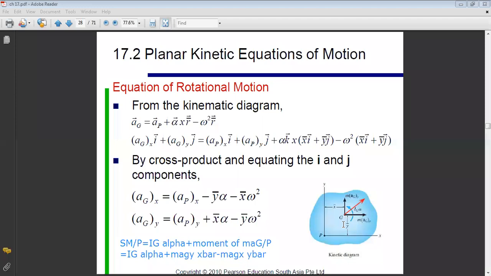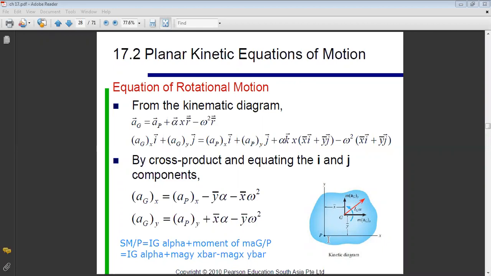You don't consider the moment of MAG about G because MAG is passing by G. So MAG cannot produce a moment about G. This is why sum of moment about G is restricted to only IG alpha.